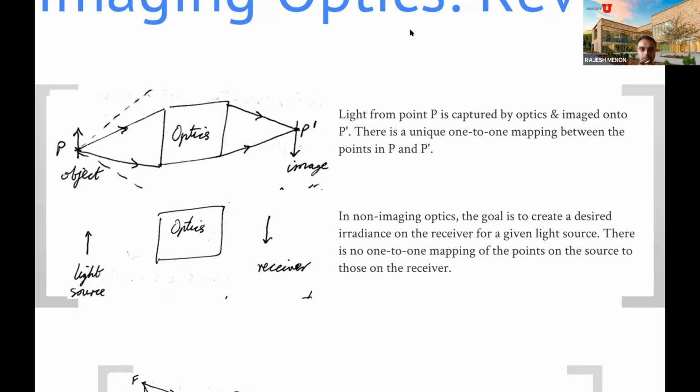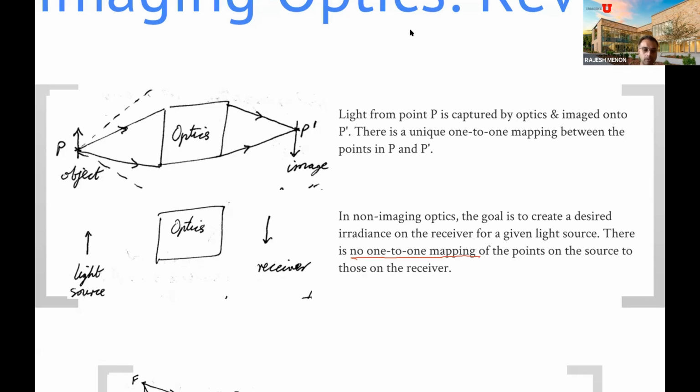Okay, that's fine. So the idea in non-imaging optics is that the one-to-one mapping is missing. In other words, your aim is not to form an image, but to do this energy transfer, the power transfer. So that's the key idea that you want to keep in mind. There is no one-to-one mapping from the points of the source to the receiver.